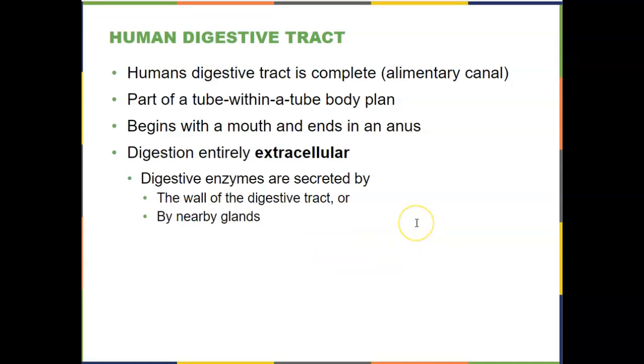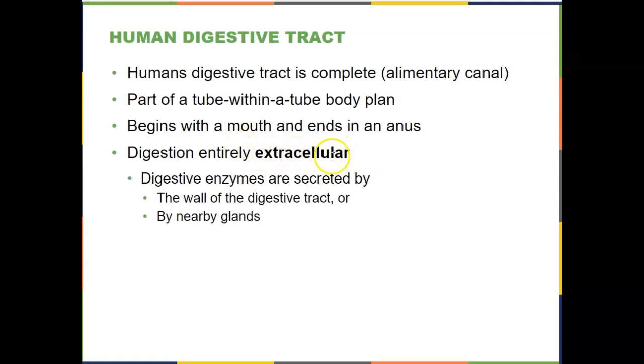All complex animals with a digestive system have what's called extracellular digestion. So what that means is the food is broken down all the way down mechanically, and then most importantly chemically digested with various digestive enzymes, all the way down to the monomer stage.